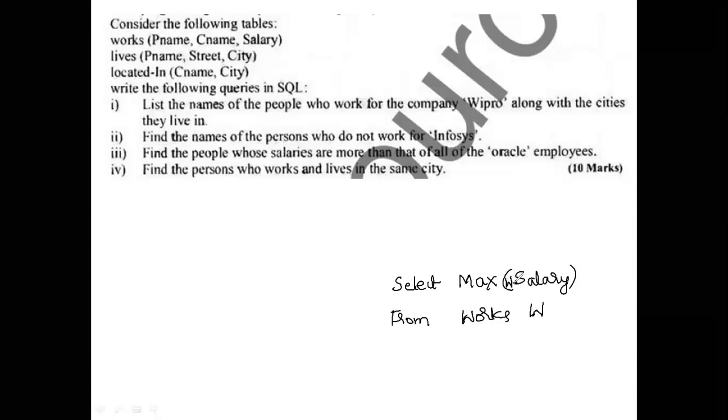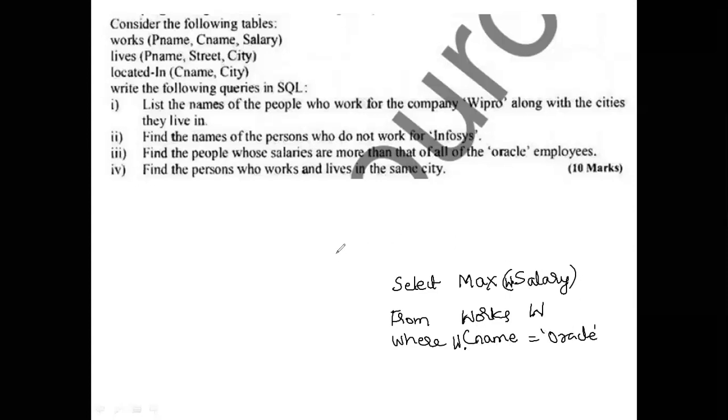So here also we'll write W.salary where W.cname is equal to Oracle. So what happens now? We will first extract all the employees who work in Oracle, and then we'll get the maximum salary. So here it is W.salary, here W.cname.